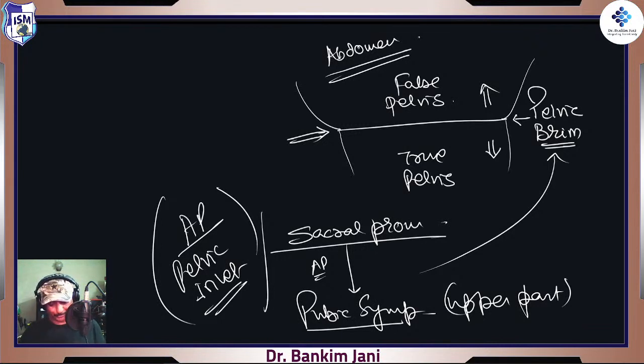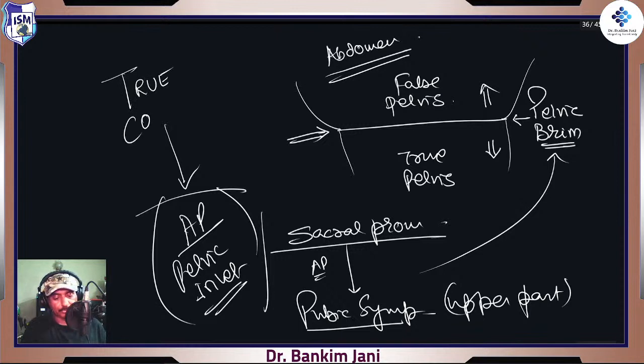So what's the other name of the AP diameter of the pelvic inlet? If you say, I'll be very happy. It is the true conjugate, correct? It is the true conjugate.